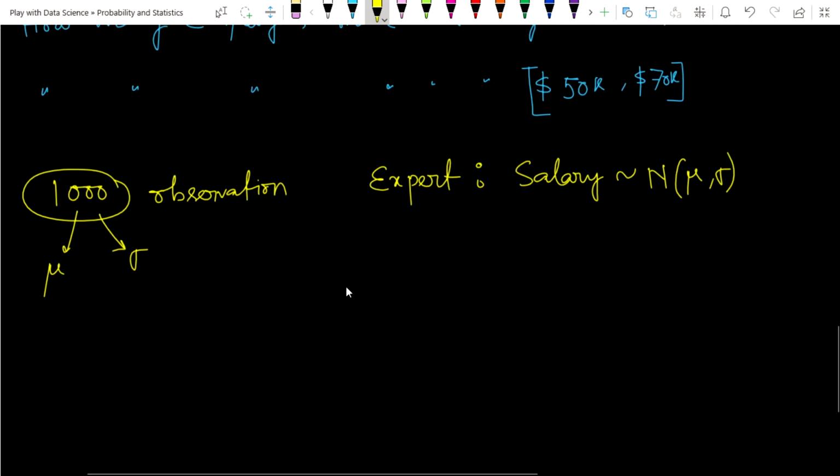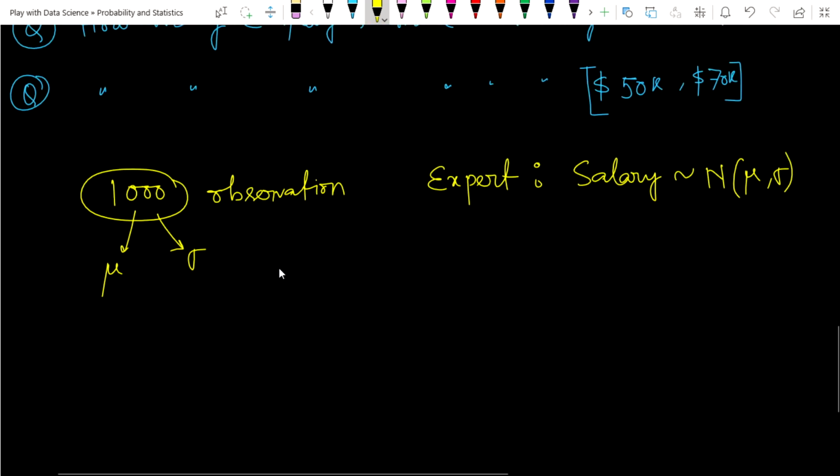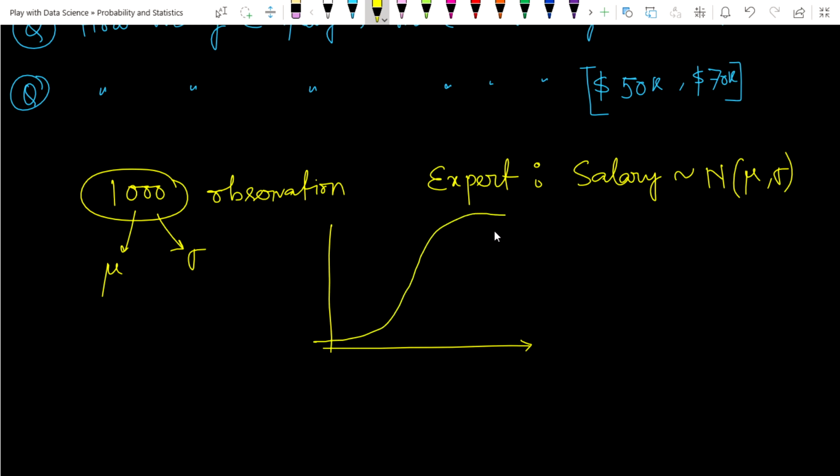We can easily calculate the mean and the standard deviation, and using these distributions we find the cumulative distribution function. And this is the sample CDF of the salaries.